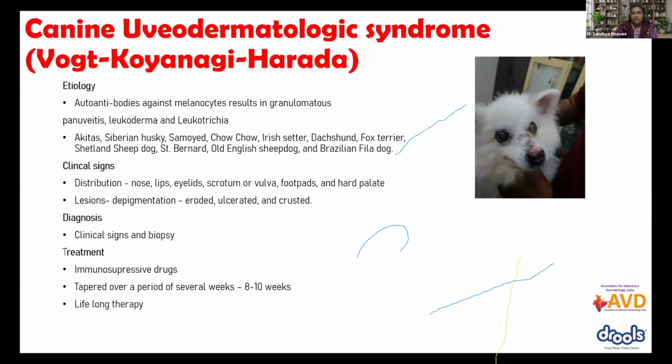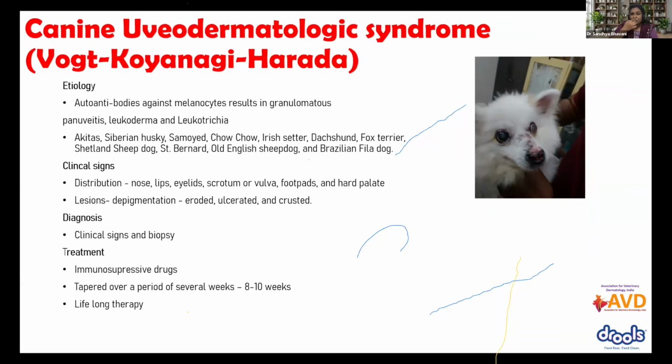So this is one canine dermatological syndrome. It is an immune-mediated disorder in which autoantibodies are targeting the melanocytes. You can see panuveitis here. The first lesion will be in the eyes: uveitis and corneal opacity. Then slowly it will affect the nasal planum. Erythema will be there, and leukoderma and leukotrichia will be there.